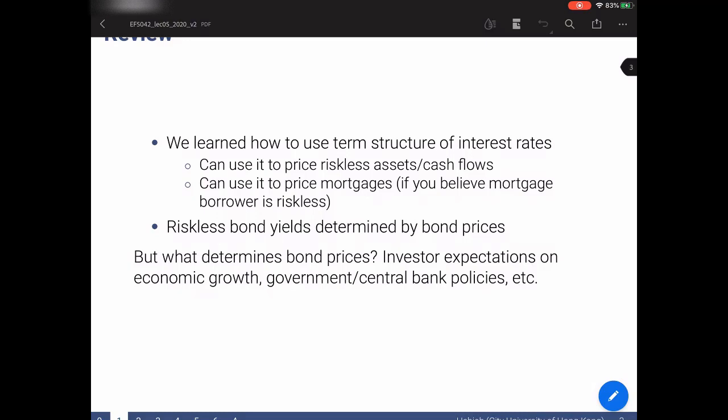And so we're going to start our learning objective today by discussing inflation risk and how we can actually decompose the so-called nominal yields or nominal interest rates into two primary components: a real interest rate and an inflation rate.